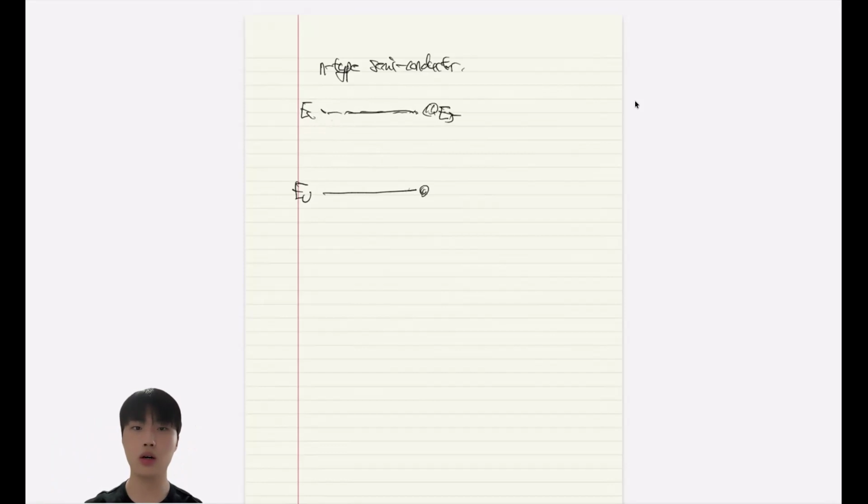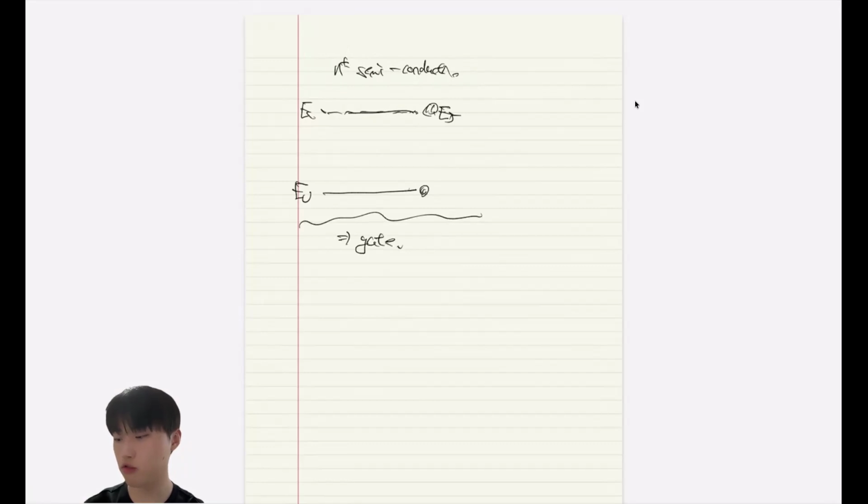This is the metal part, and we can say this is not just an n-type semiconductor, we say this is an n plus semiconductor. So this is the left part of the metal oxide semiconductor. This part is the gate. I'm drawing the gate energy band diagram.